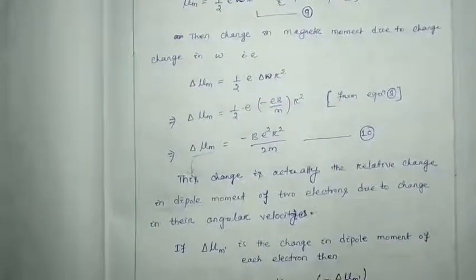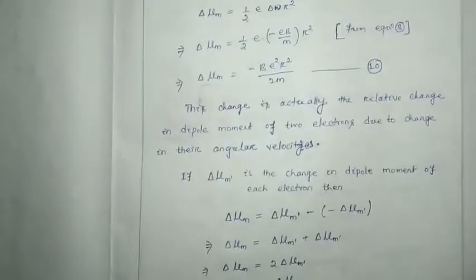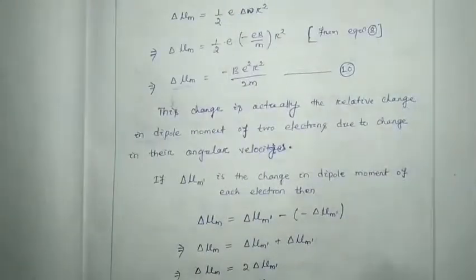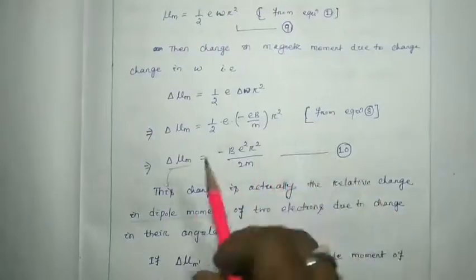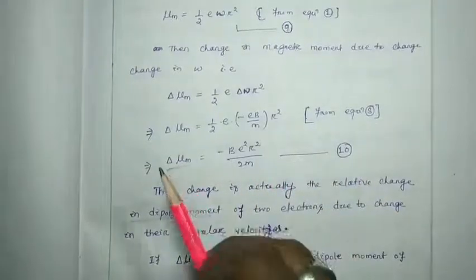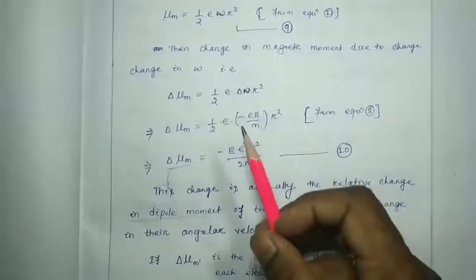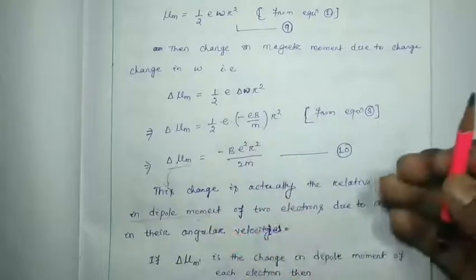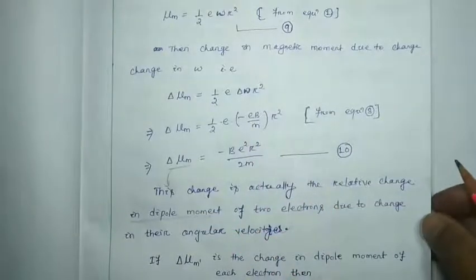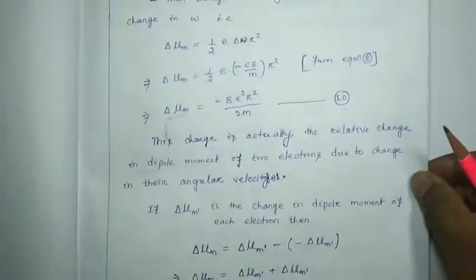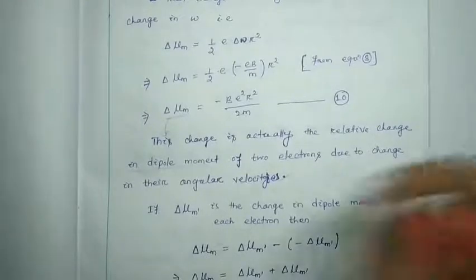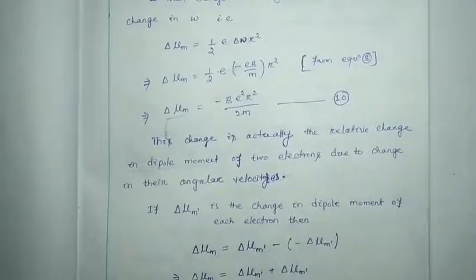Now we are going to consider the change of dipole moment of an individual electron. This was the change of dipole moment between one electron and another. Now we are going to consider the change of dipole moment for each and every electron, the individual electron. That will be how much?